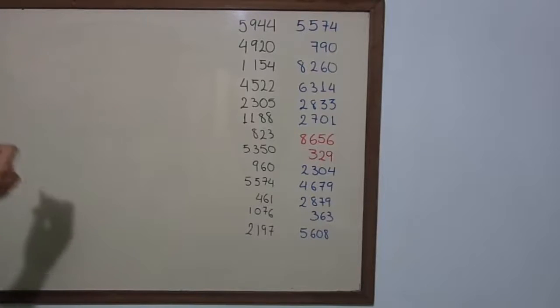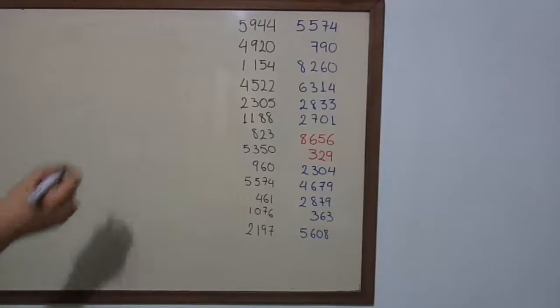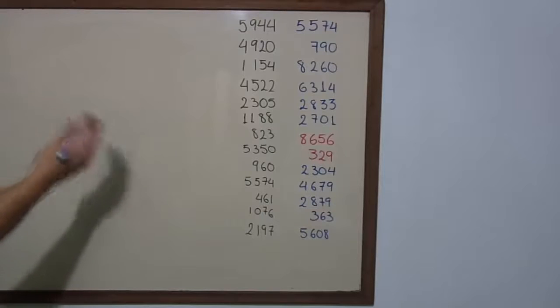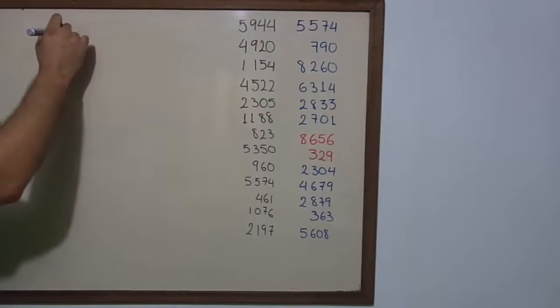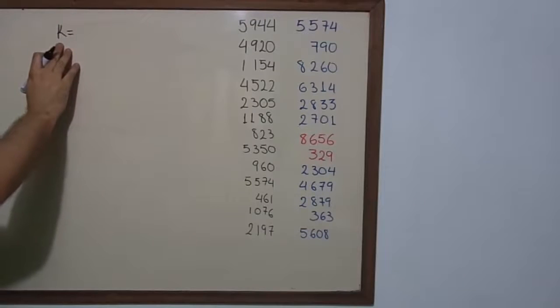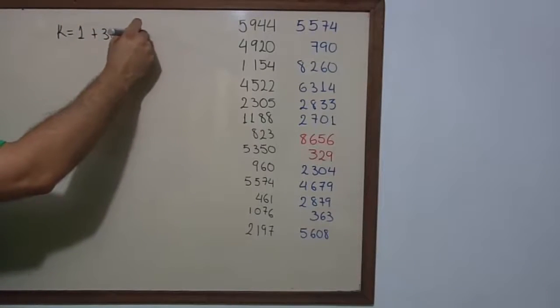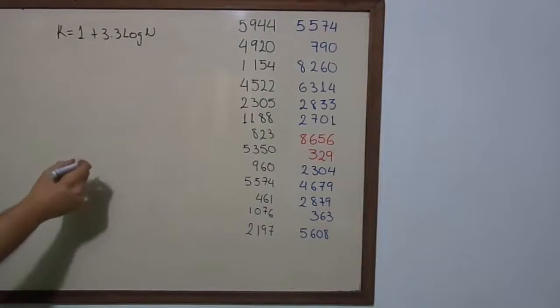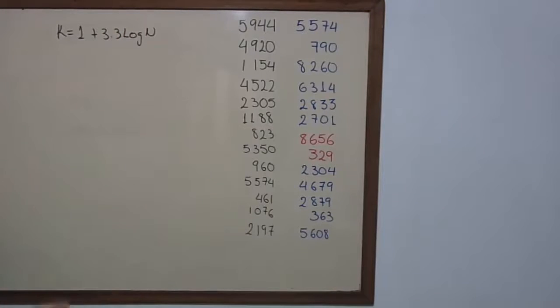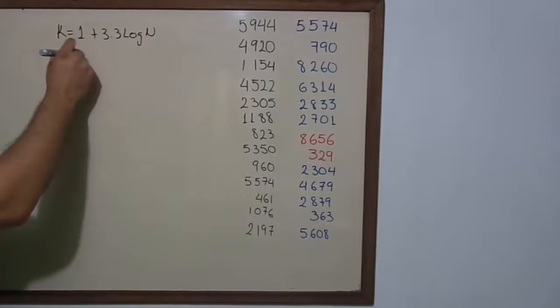We're going to follow Sturges' rule. Sturges' rule says that the number of classes is equal to 1 plus 3.3 log of the number of data. In this case, we have 26 values.